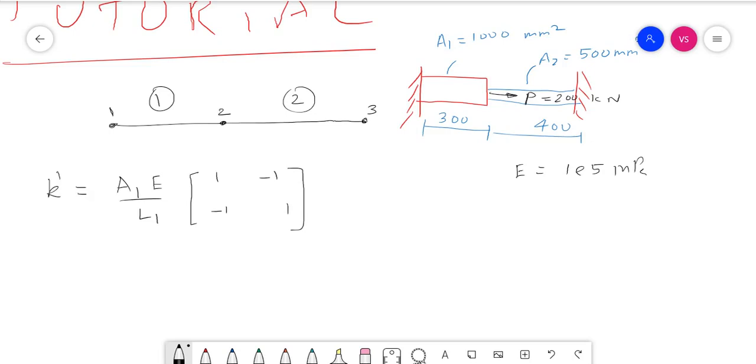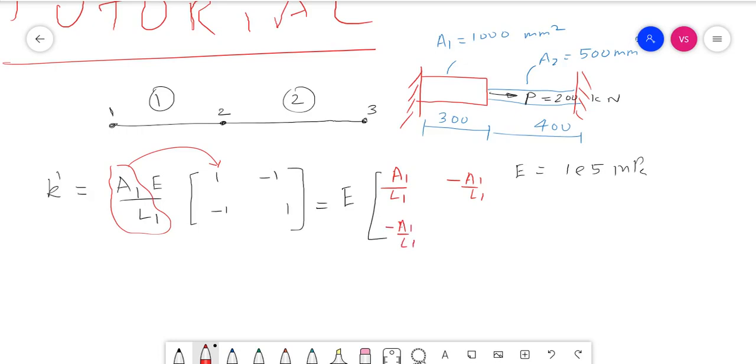Since E is the only thing common between these two elements, I can keep E outside and rewrite this by bringing the A1 over L1 term inside: A1 over L1, minus A1 over L1, minus A1 over L1, A1 over L1.